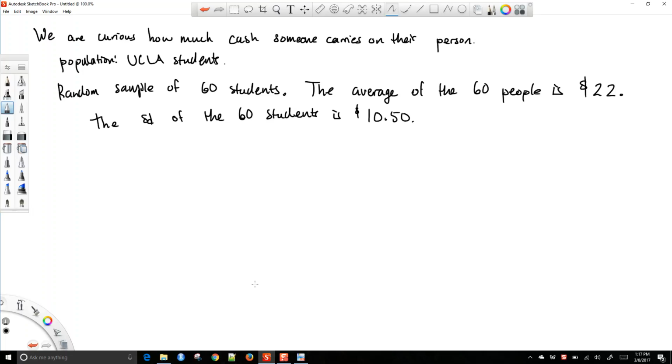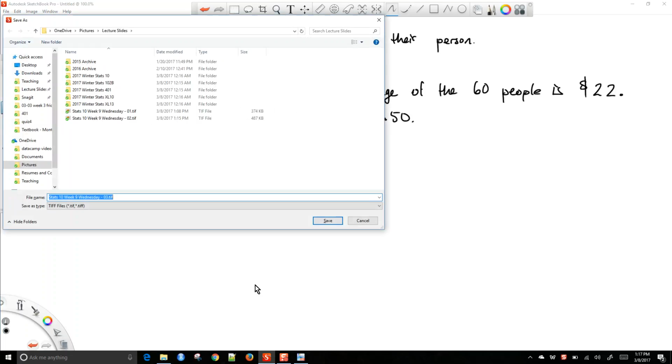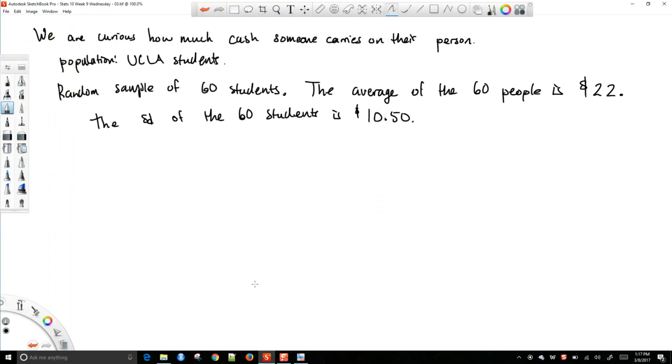Okay? I'm just totally making it up. All right? Okay, make a confidence interval. Make a 95% confidence interval for the mean amount of cash a student carries.